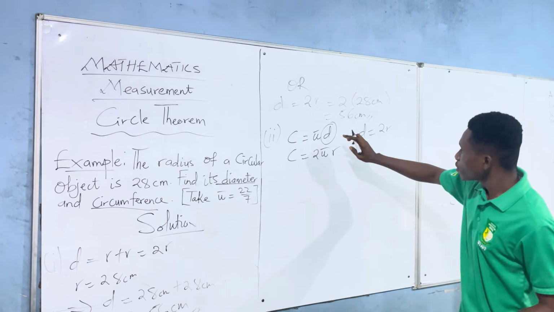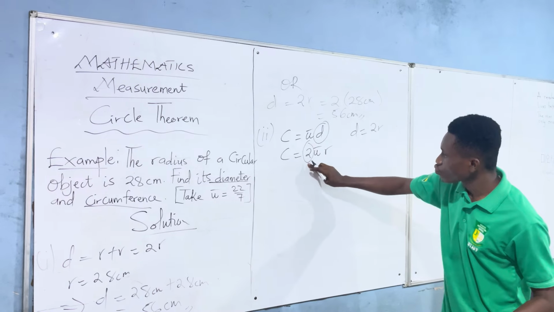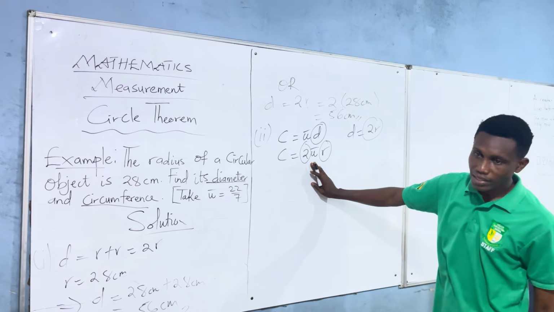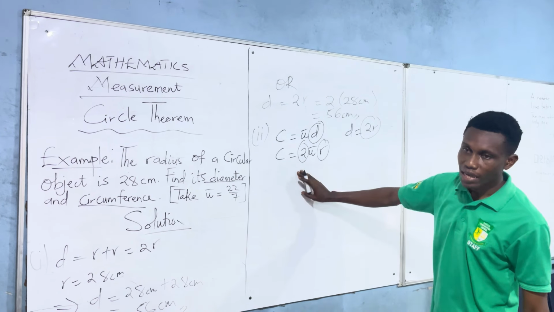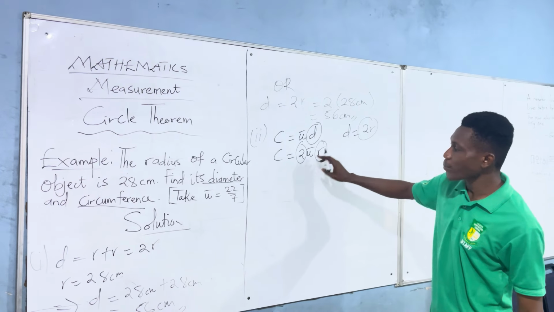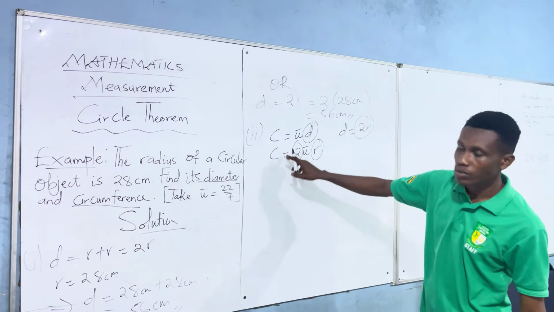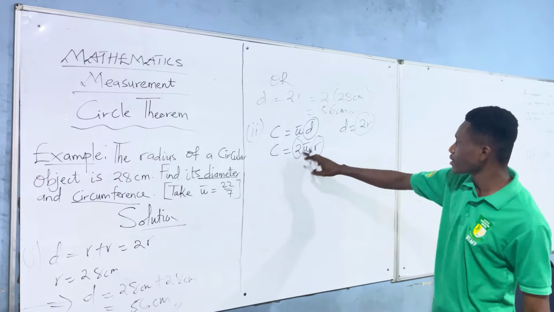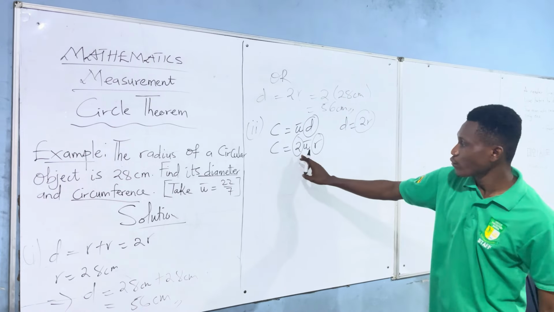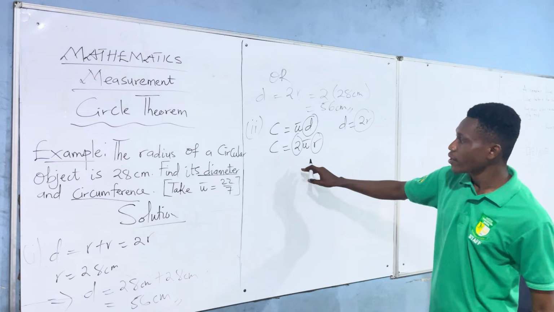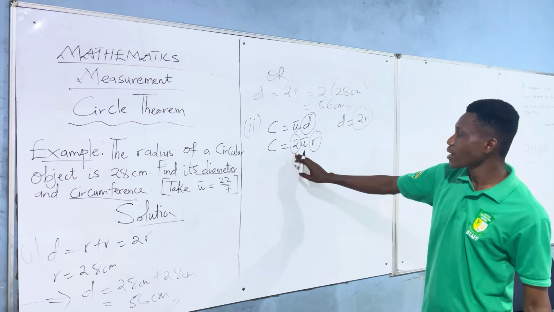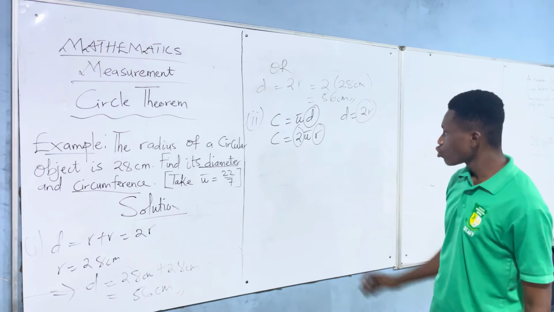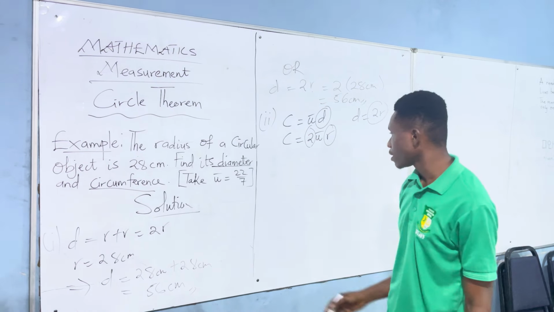So that is why we have this 2 and we have r here, so it's the same as this. In mathematics, the number always becomes the coefficient. So even if the number appears in the middle, we have to push it in front so that it becomes the coefficient. That is why the 2 that is attached to the r has moved in front. So that was the reason why in terms of radius it becomes 2 pi r, and in terms of diameter it is pi d. So I'll solve with the 2 of them, and we know our answers.